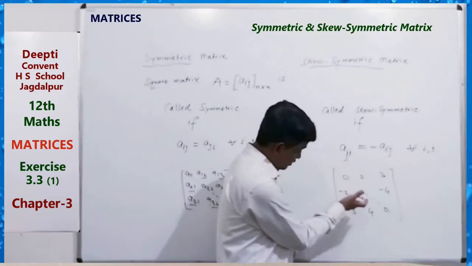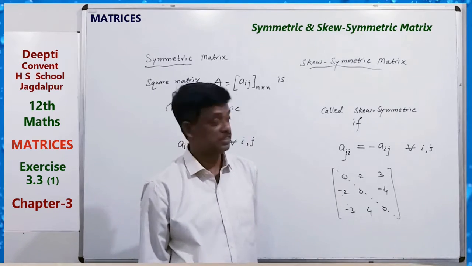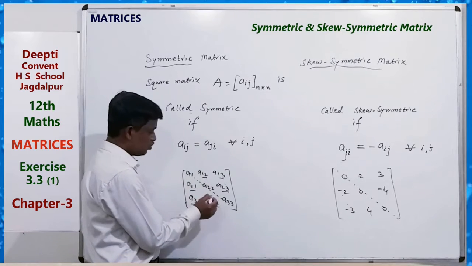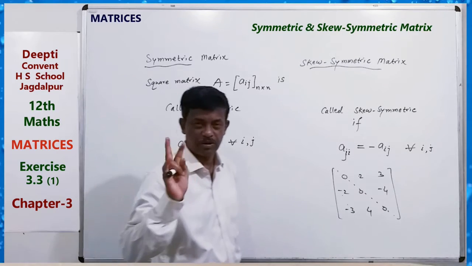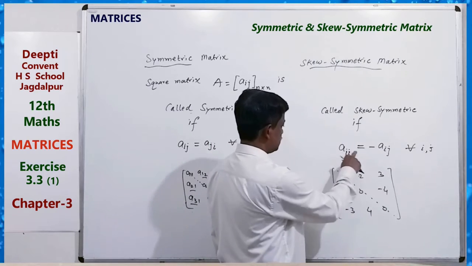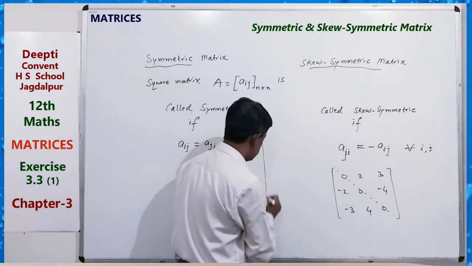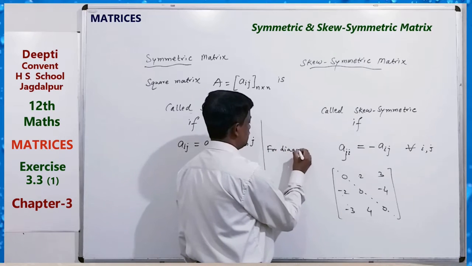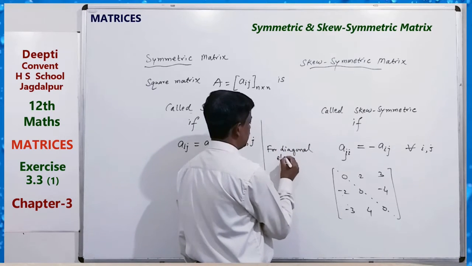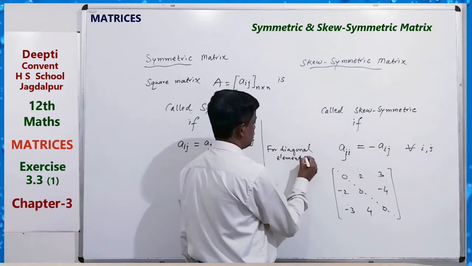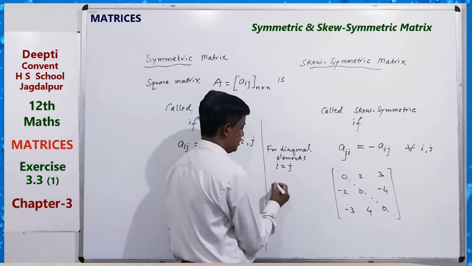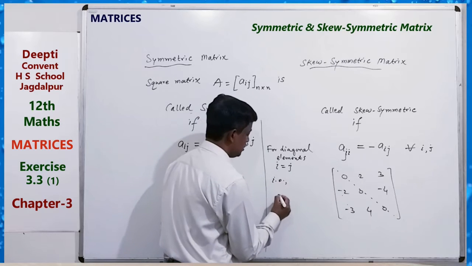And we write that the diagonal elements are all 0, because for the diagonal elements 1, 1, 2, 2, 3, 3, the values of i and j are the same. For diagonal elements, i equals j.